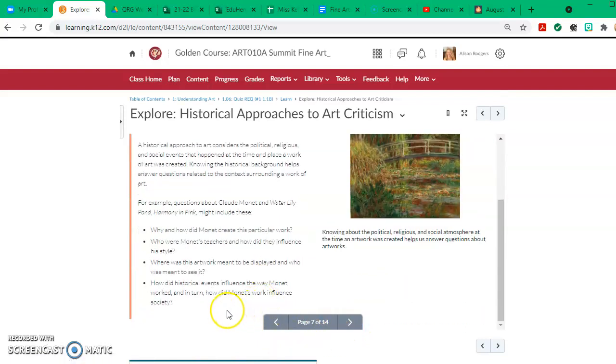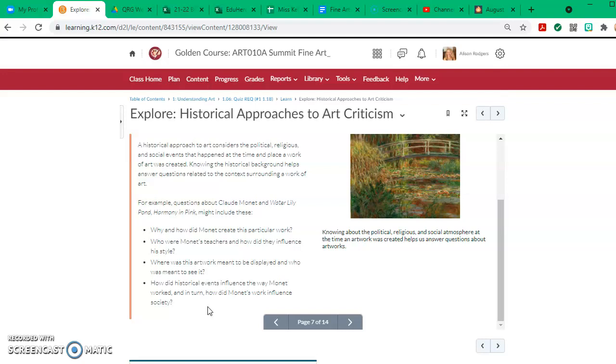A historical approach. A historical approach to art considers the political, religious, and social events that happen at the time and place a work of art was created. Knowing the historical background helps answer questions related to the context surrounding the work of art. For example, questions about Claude Monet and Water Lily Pond, Harmony in Pink might include these.